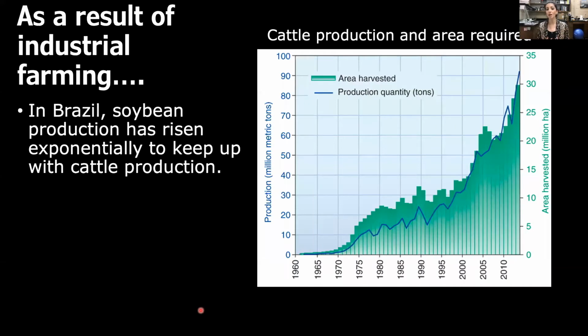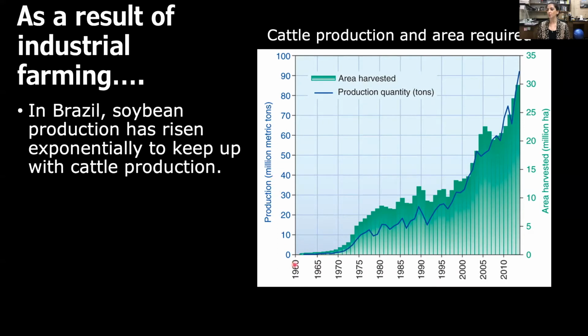As a result of the practice of industrial farming, soybean production has risen exponentially to keep up with cattle production. This is explicitly made clear in the case of Brazil. Here we have a graph showing cattle production and the area required to grow the soybeans to keep up with cattle production.